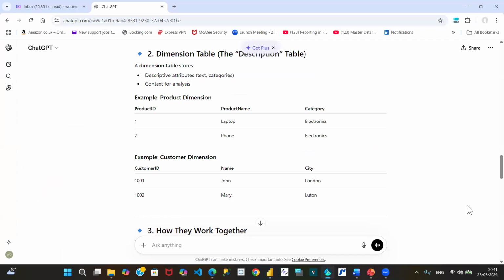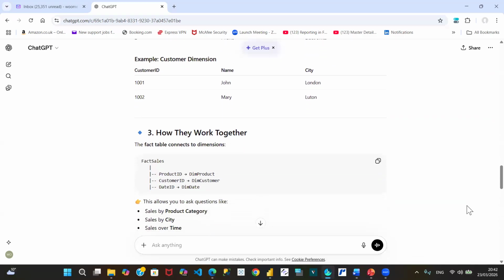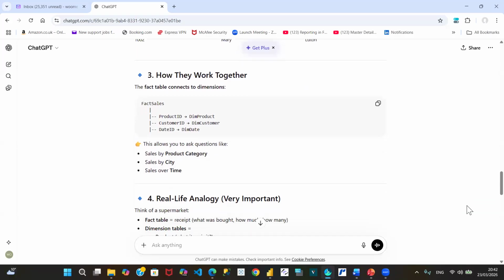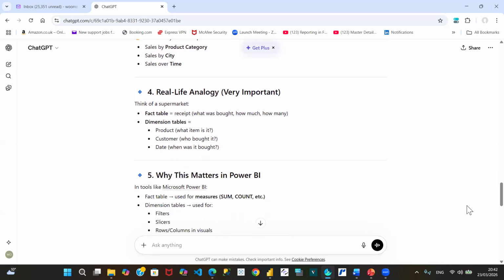The dimensions, they are lookup tables, they give information, and fact tables, that's where you get your measurables, the events of your business, what your business is about, your daily transactions or minutely transactions, however frequently you receive new data, that's where it is stored.